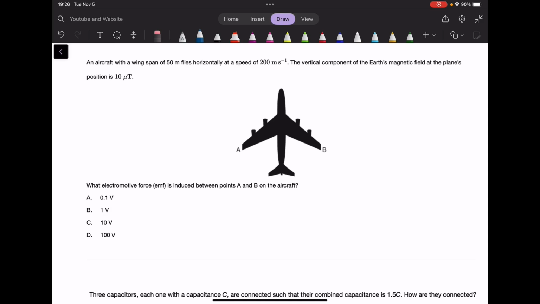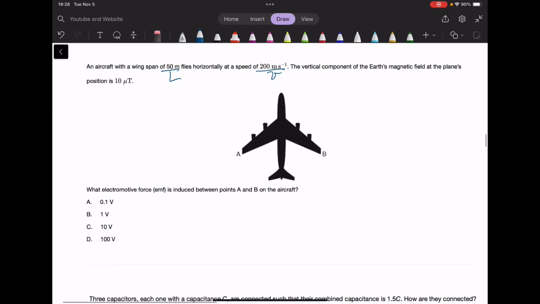So we know length, we know speed, we also know magnetic field, and we need to find EMF. How can we do this?